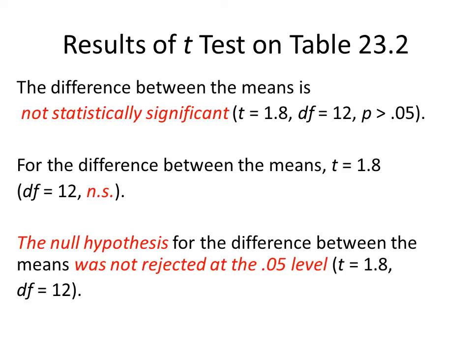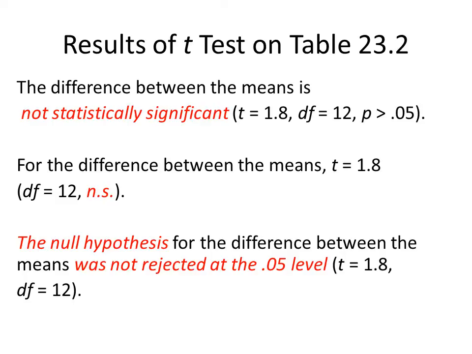Again, we report our t-test, we report our degrees of freedom, and we report our p-value as p greater than 0.05. Another way we can say that it is not significant is to use the abbreviation N.S. to indicate that the difference is not significant.